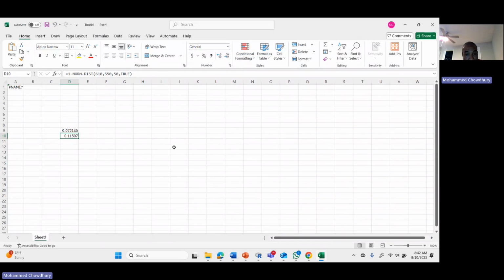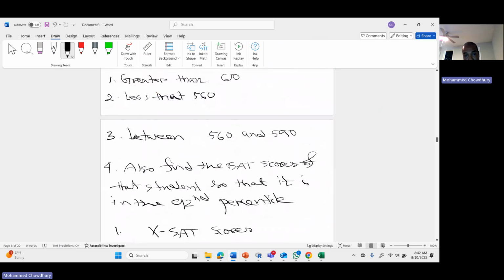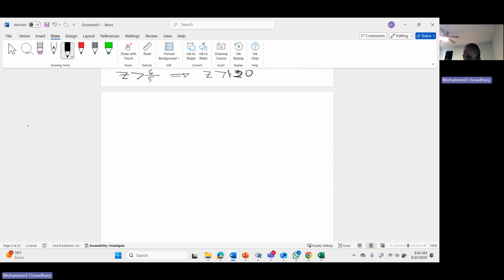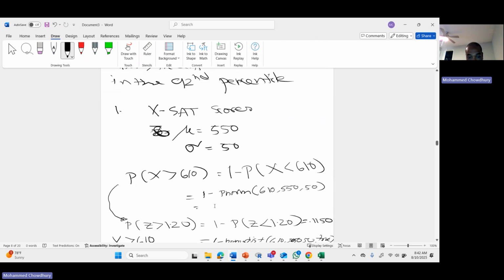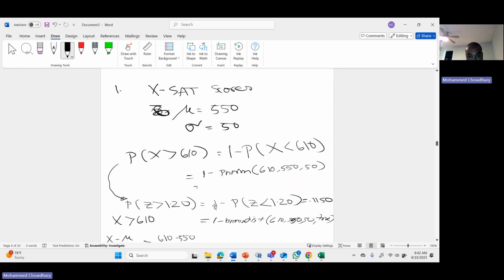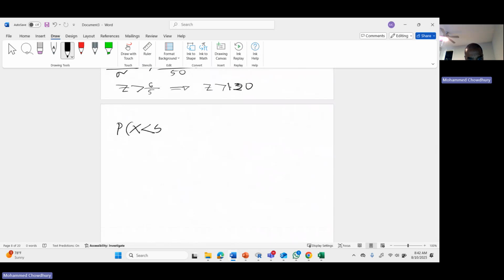Now, similarly, this less than problem you can solve like this: probability of X, where X means SAT score, less than 560.